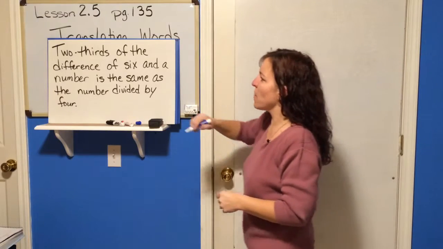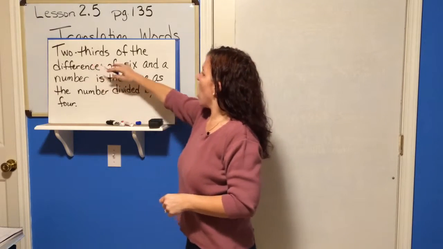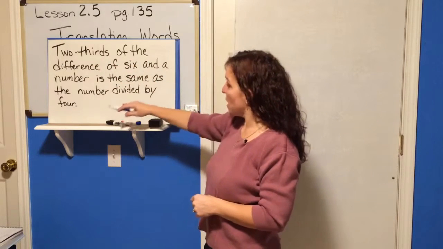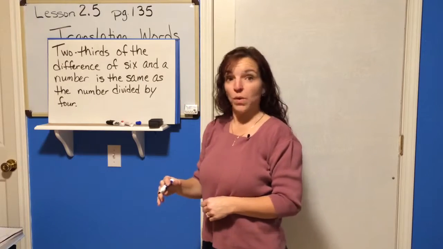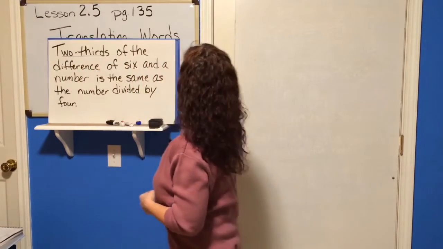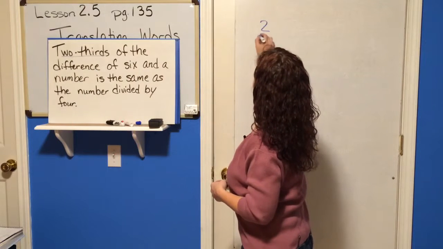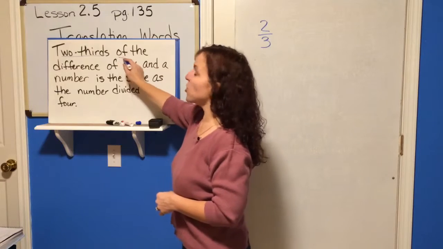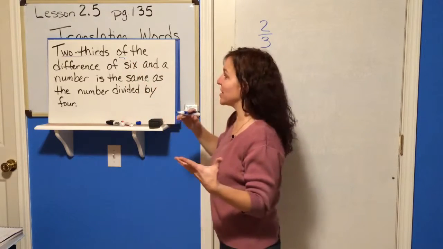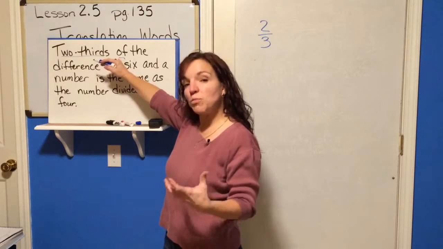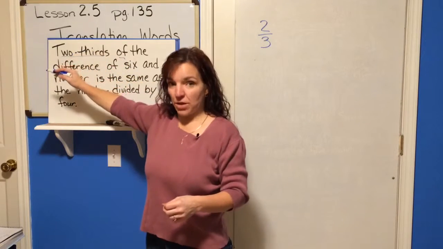Let me show you what I mean. 2/3 of the difference of 6 and a number is the same as the number divided by 4. Whew! Okay. 2/3 is easy. So there's 2/3. 2/3 of means you're going to multiply. You're going to multiply by something. 2/3 of the difference. So you're going to multiply by a difference.